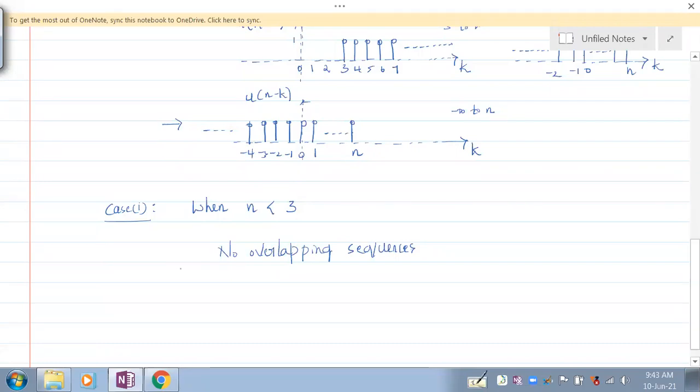Since no overlapping sequences, y of n is 0 for n less than 3. So this is one thing that we have obtained. For n less than 3, y of n is 0. Very important understanding. Since there are no sequences overlapping, y of n would be 0.